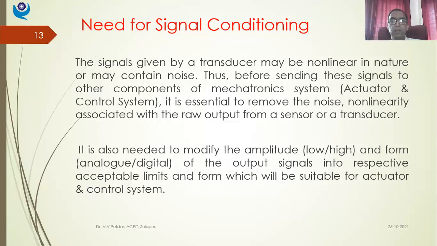This may be one of the functions of signal conditioning. Or a signal in analog form needs to be converted into digital form, so that the output signals have acceptable limits and a form suitable for actuators or control systems. So this is the purpose of using signal conditioning devices. This is the essential part of my mechatronic system.